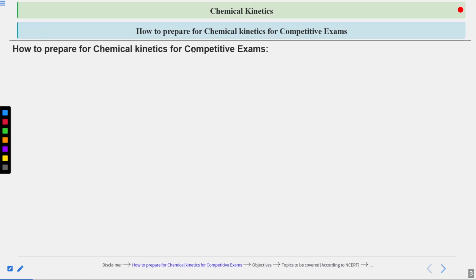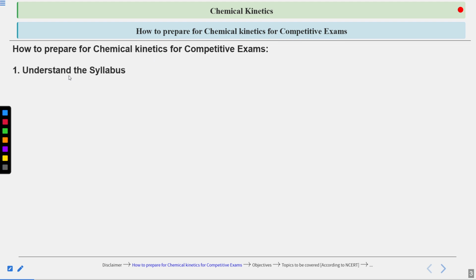So, first of all, let's discuss the important thing: how to prepare for the chemical kinetics chapter for your competitive exams like JEE and NEET. Wherever this chapter holds a place in the examination syllabus, how can you prepare for it particularly for your competitive exams?